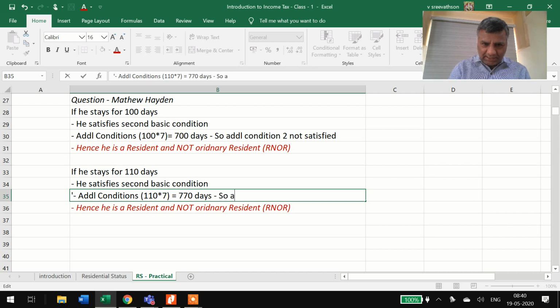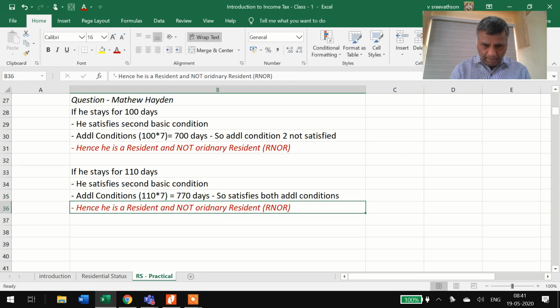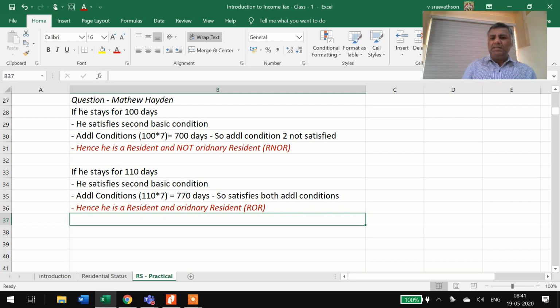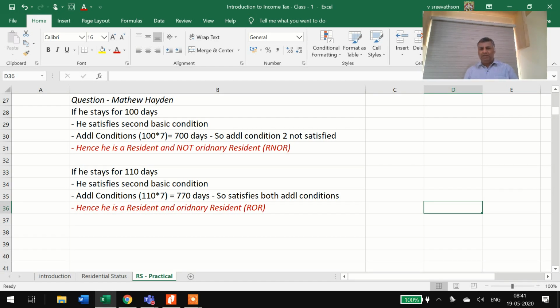So satisfies both additional conditions. Hence he is a resident and ordinary resident. Please look through and let me know if you don't understand.